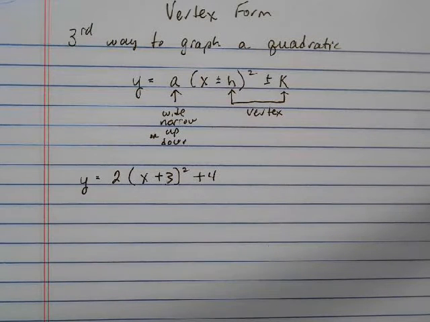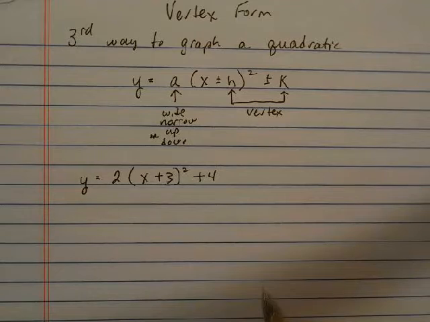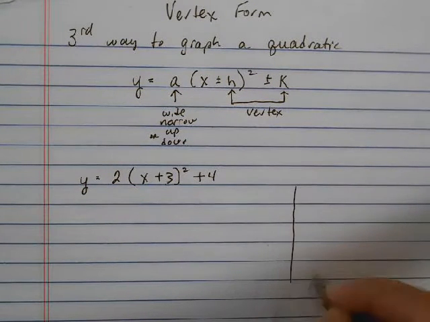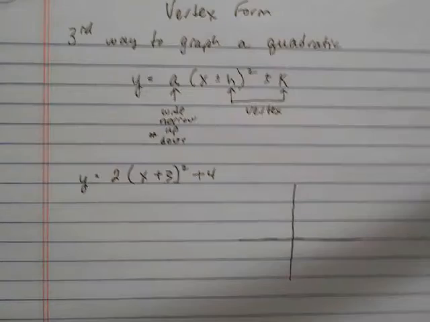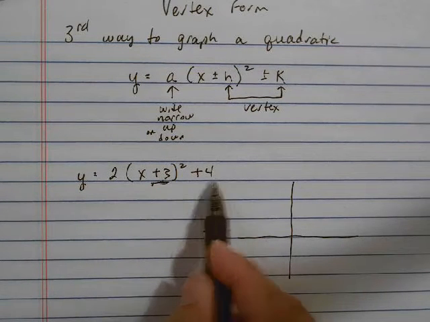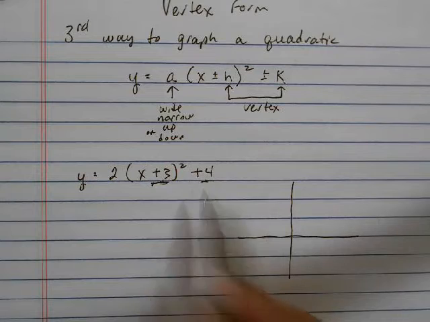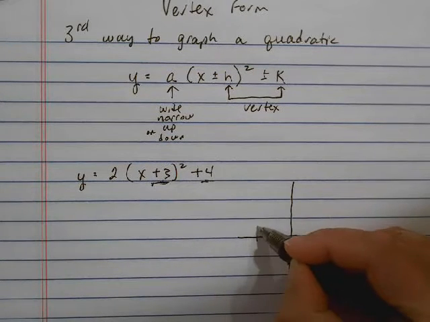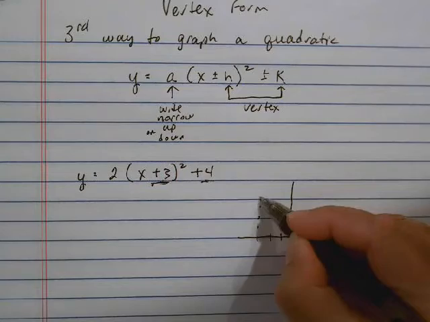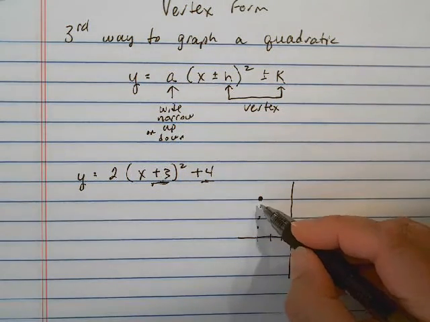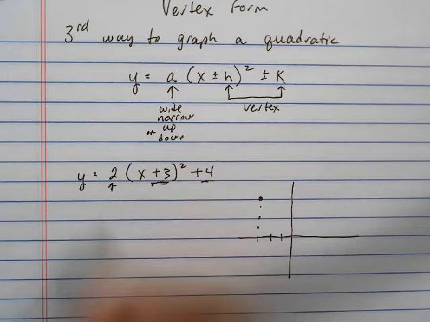So this is a lot like what we did with absolute value functions. So if I graphed this, the graph is going to start the opposite of whatever this number is and the same as whatever this number is. So I'm going to go 3 to the left and 4 up, and this is where the vertex will be. From this particular point, I'm going to treat this as if it was the parent function.